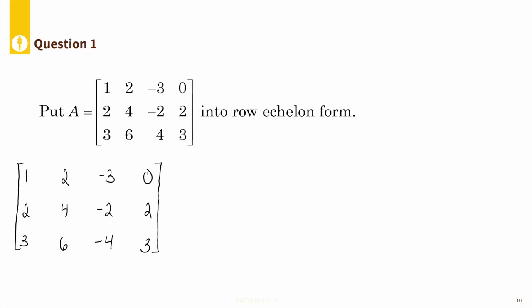You can just interchange the 2 rows to move the 1 up. Well, in this case, no need to do that. 1's already in that first spot. So I'm going to circle it. That is our pivot.